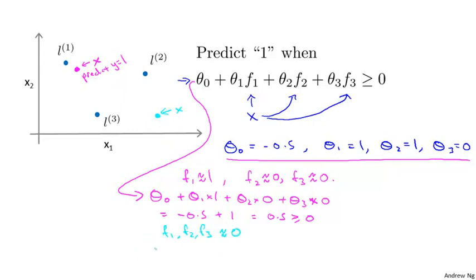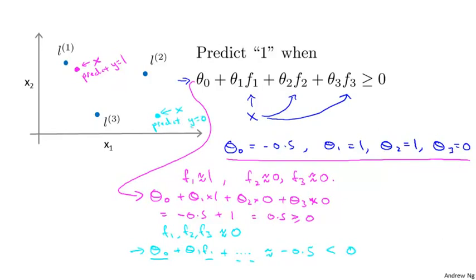And so we have theta 0 plus theta 1 F1 plus so on, which will be about equal to minus 0.5, because theta 0 is minus 0.5, and then F1, F2, F3 are all 0. So this will be minus 0.5. This is less than 0. And so at this point out there, we're going to predict y equals 0.